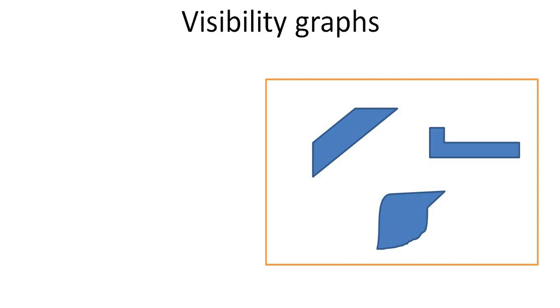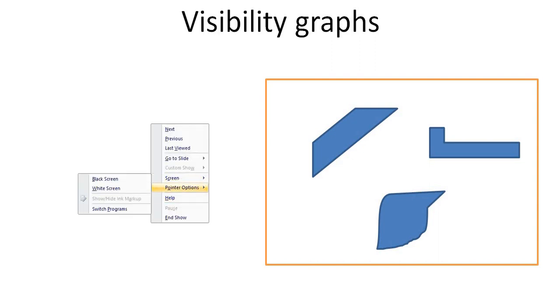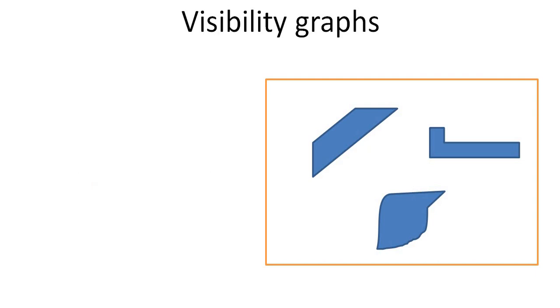Let's say this is your configuration space, or a map of the environment, and you want your robot to move from this start point here to this target point, or the goal point here.